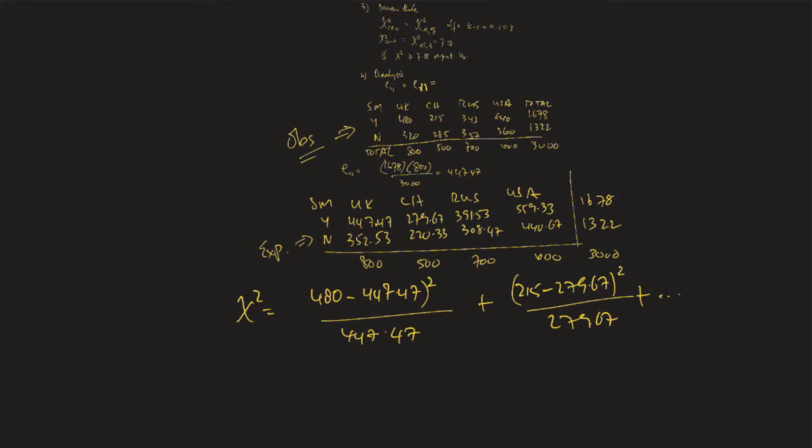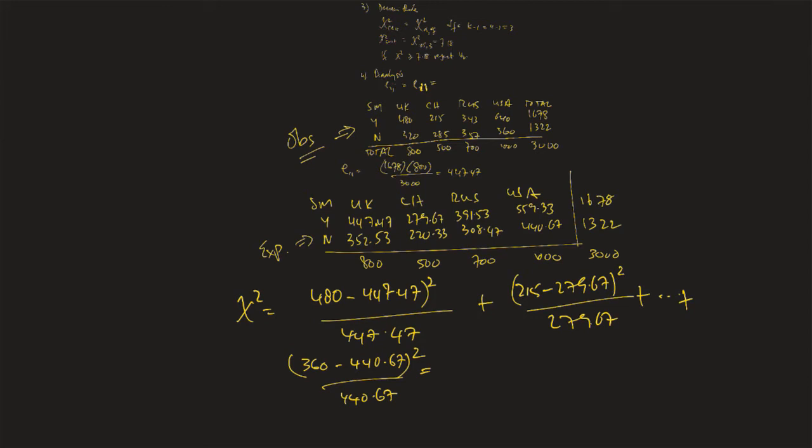So we have 4 by 2, we have 8. The very last one would be 360 minus 440.67, squared, over 440.67. And then that gives us the total value of chi-squared when we add up all of those values.